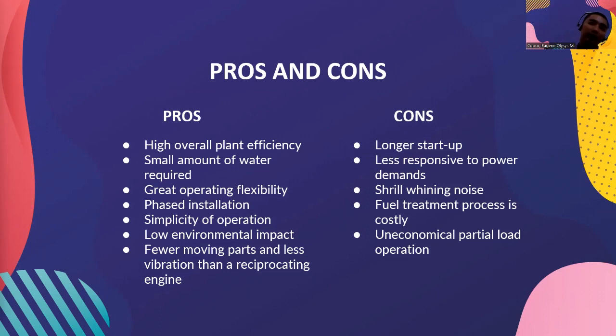And the second cons is less responsive to power demands. And the third cons is shrill whining noise. Yung pagpapatakbo ng isang combined cycle power plant ay masyadong maingay o masyadong malakas yung tunog. Siyempre, ayaw naman natin ng malakas na tunog.